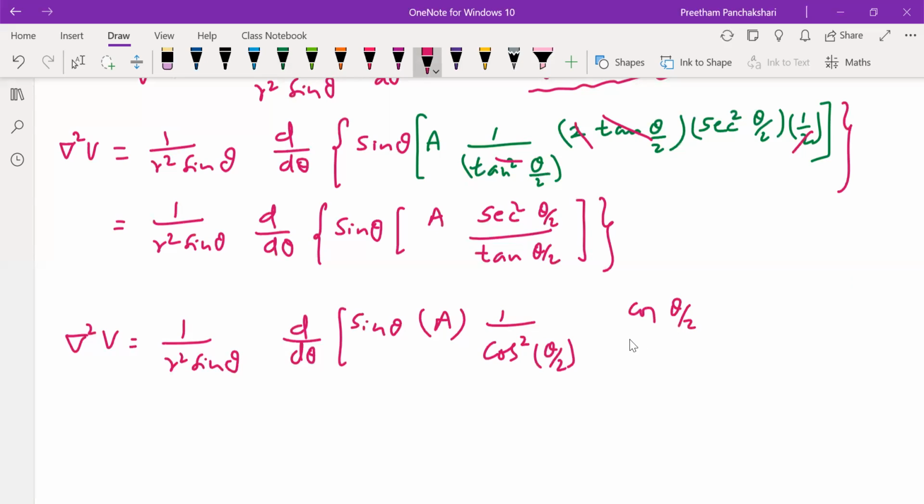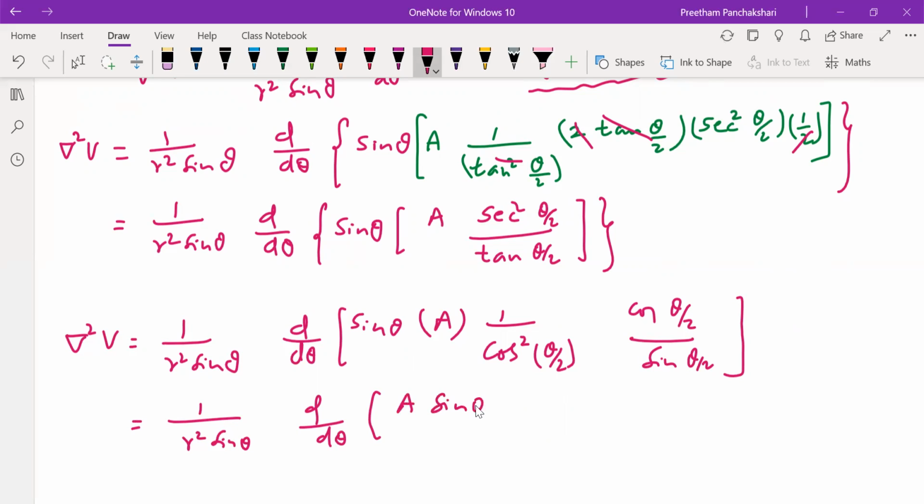So cos of theta by 2 by sine of theta by 2. See here, one cos cancelled. So 1 by r square sine theta, d by d theta of A sine theta, let it be as it is. So in the denominator we are left with sine theta by 2 into cos theta by 2 after cancellation.